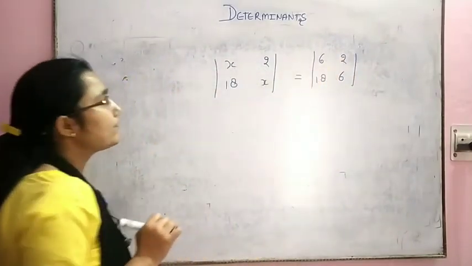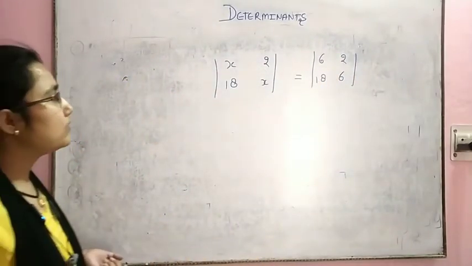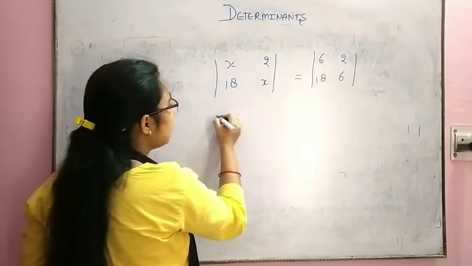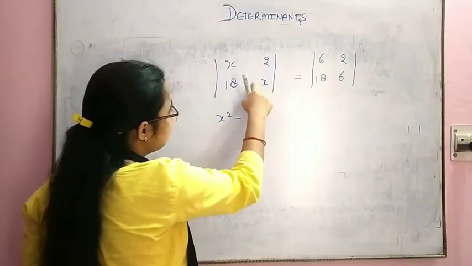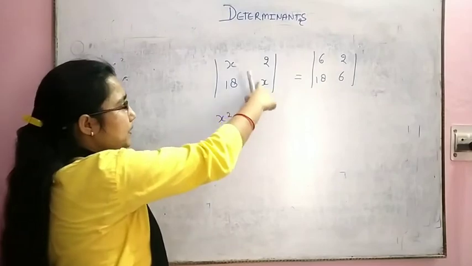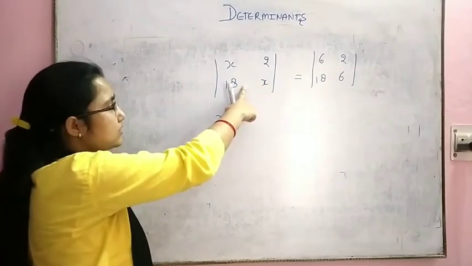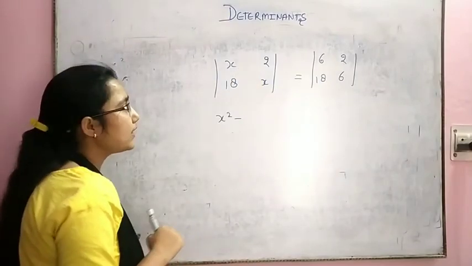We have to find the value of x. So what will we do? Firstly, find the value of this determinant by cross multiplication of 4 elements and use a subtraction sign between them.